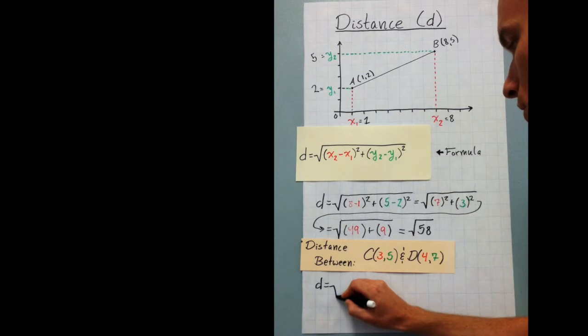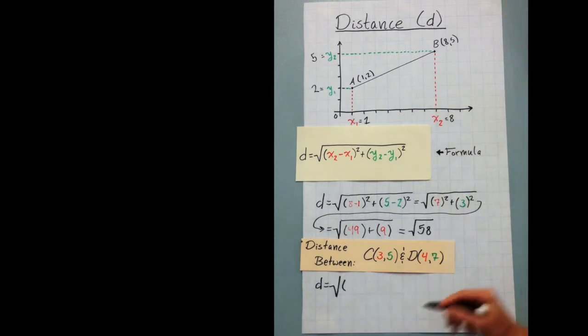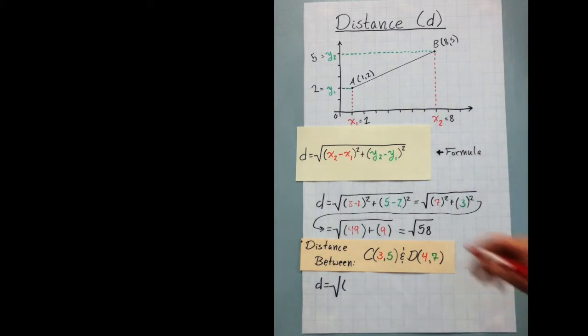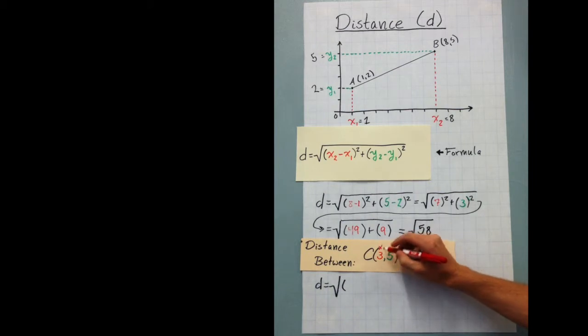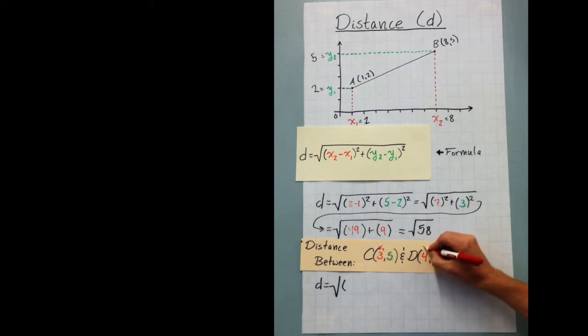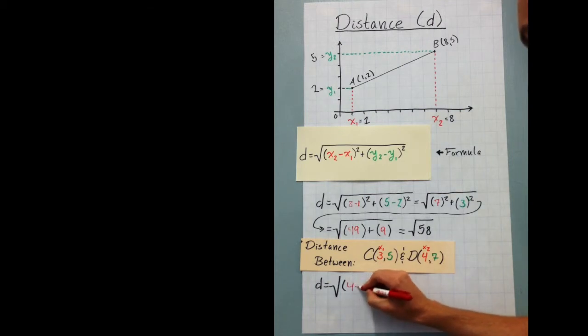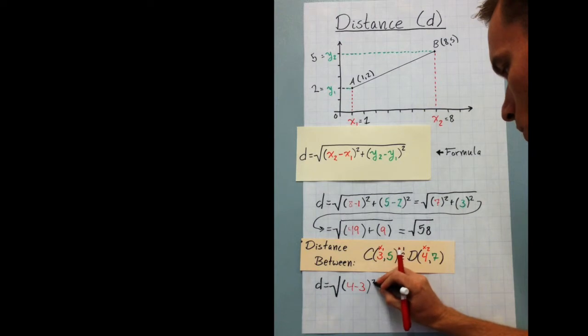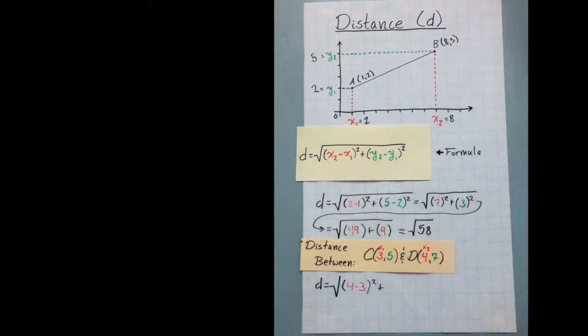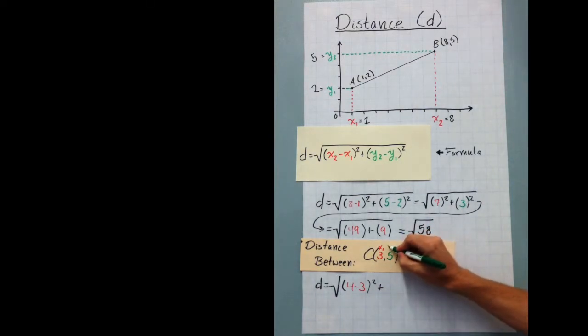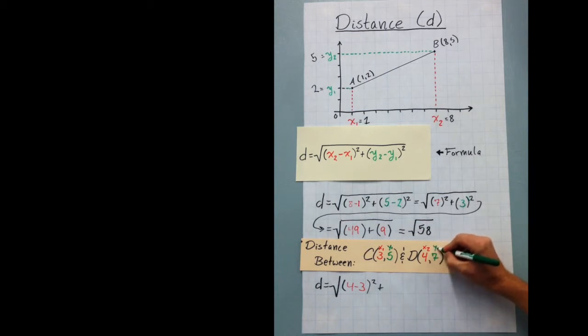So let's rewrite the distance formula. And this time I want to label my coordinates. I have x1, x2. So let's go ahead and plug those in. So we have 4 minus 3. Close the parentheses, square it. And now we have y1 and y2.